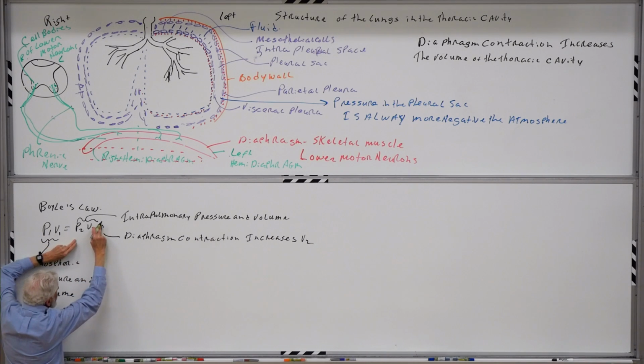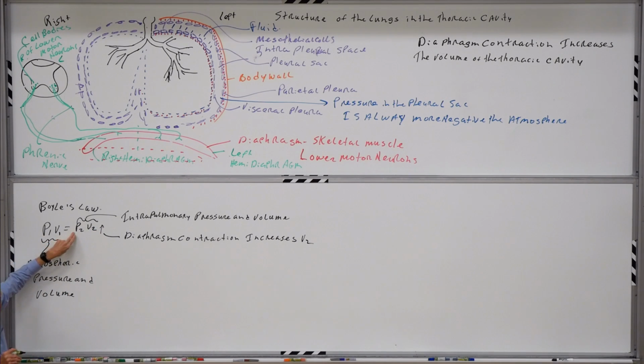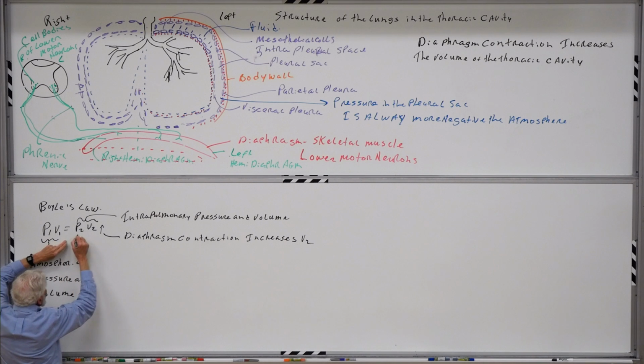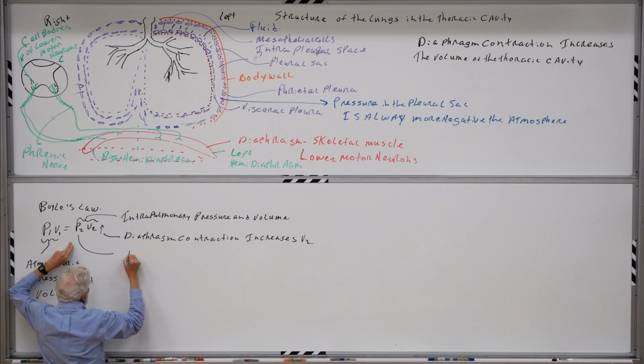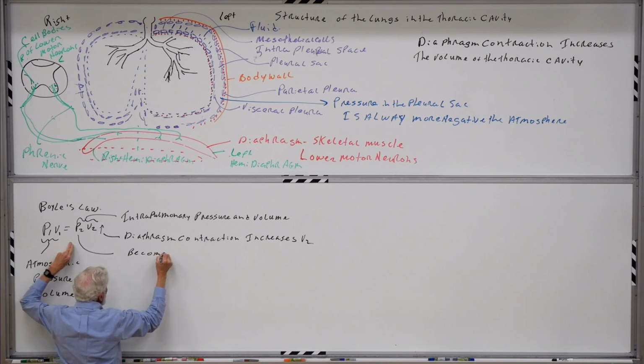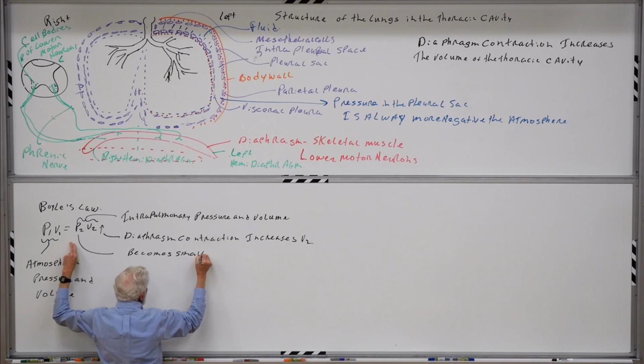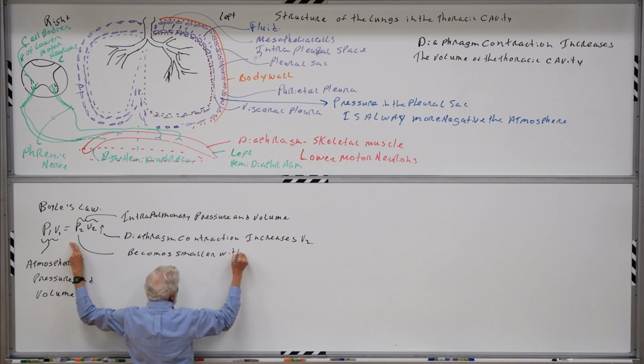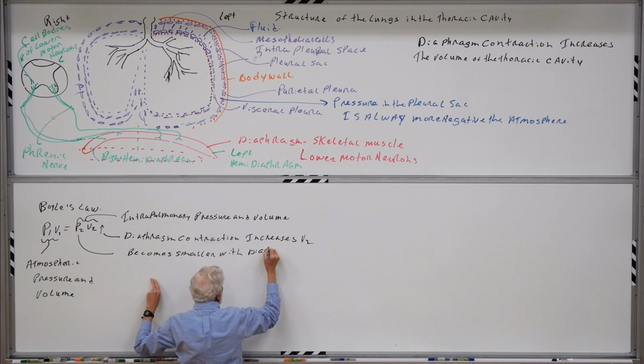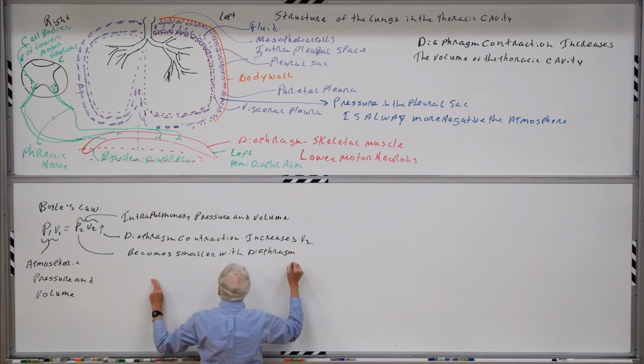If this number gets bigger, what does this number have to do? It has to get smaller. It's the simple algebra of the situation. So now P2 becomes smaller with diaphragm contraction.